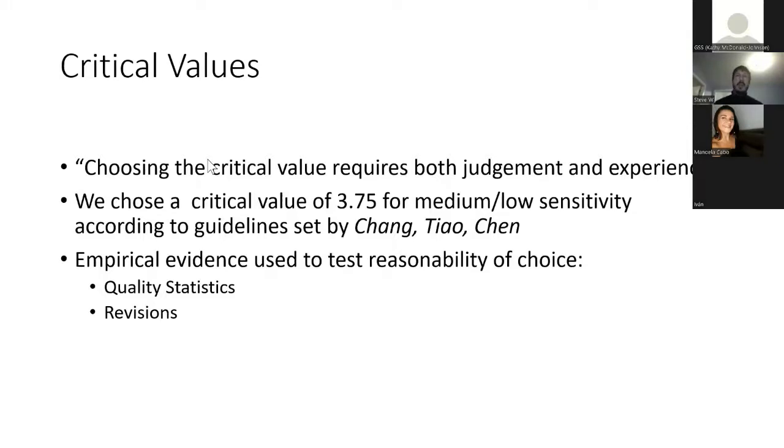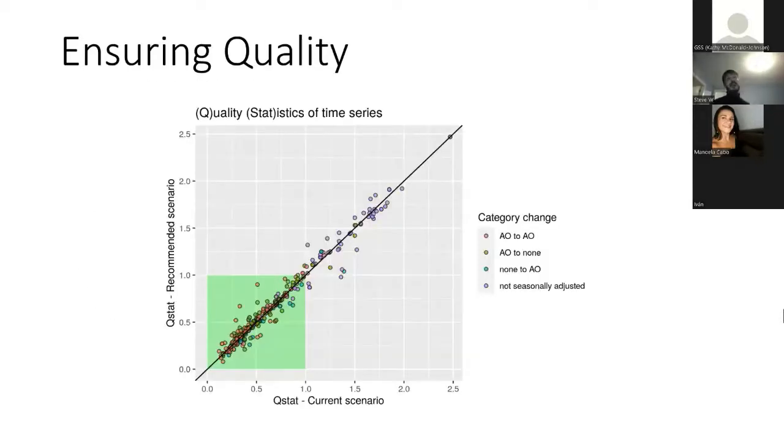And so the way that we went about testing was looking at the quality statistics, the Q-stat, and looking at revisions. So this is the result of basically over the 80% cases, the simple cases.